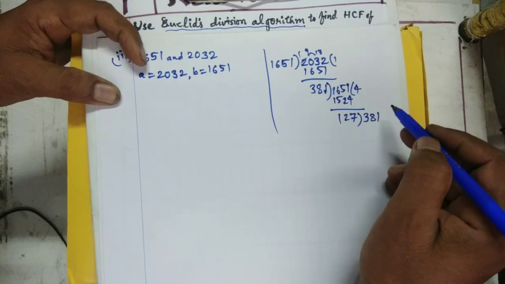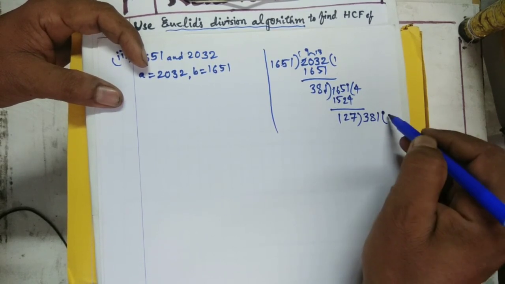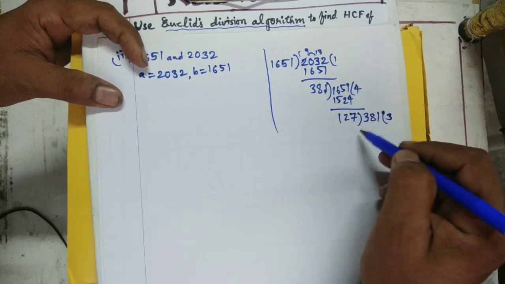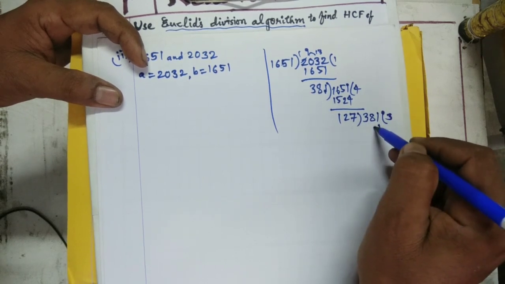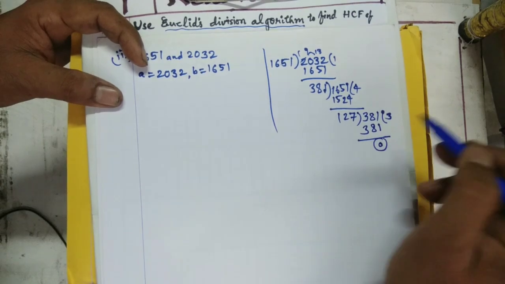Then 381: 3 sevens are 21, 3 twos are 6, 8, 3 ones are 3. So 0.